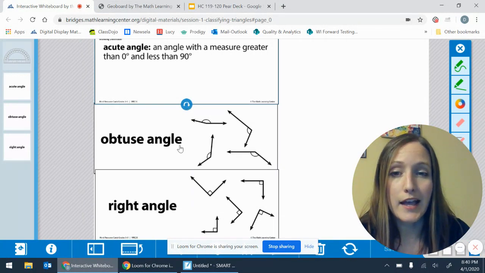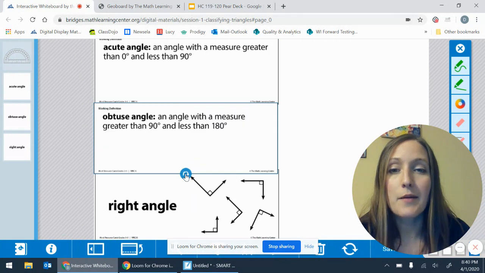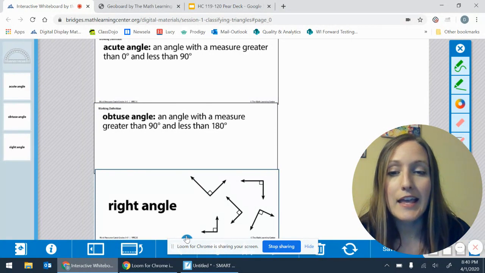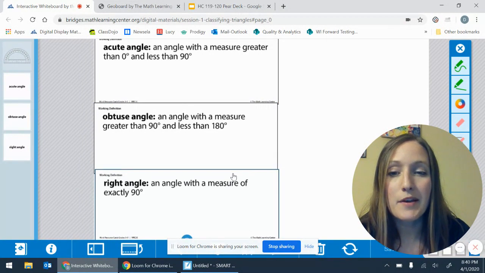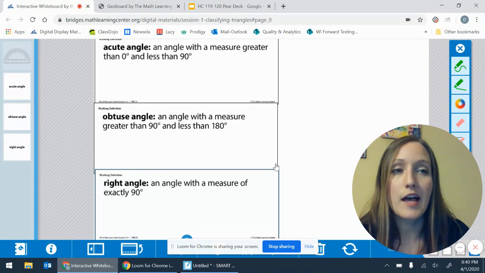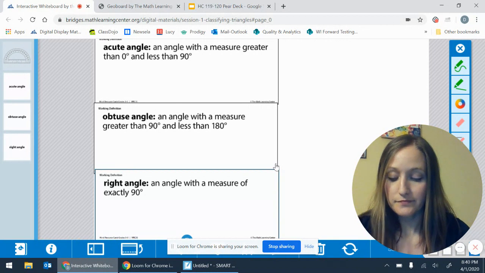An obtuse angle is an angle that measures more than 90 degrees but less than 180 degrees. And a right angle is an angle that measures exactly 90 degrees. I know that's a review, but I just want to make sure that we refresh ourselves on what we are going to be talking about and thinking about today.